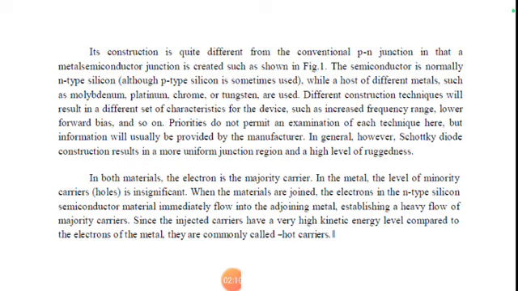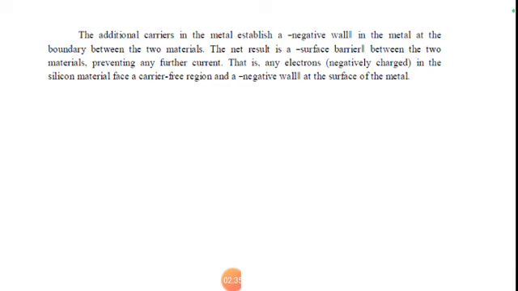In both materials, the electron is the majority carrier, and the level of minority carriers is also significant. When these materials are joined, the electrons in the N-type silicon semiconductor immediately flow to the adjoining material, forming a heavy flow of majority carriers. Since these injected carriers have a very high kinetic energy level, they are commonly called hot carriers.